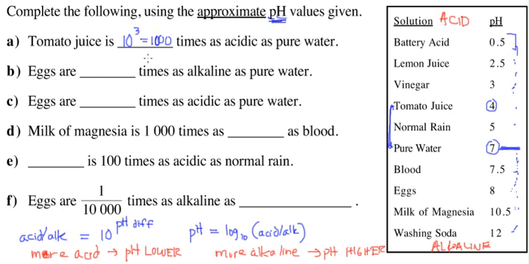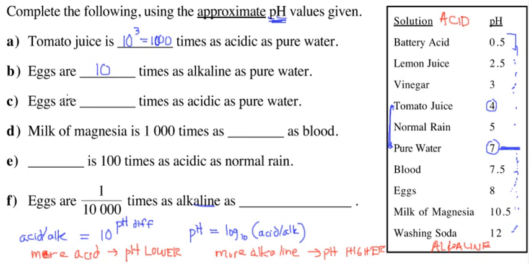Okay, eggs versus water. Eggs are an 8. Water is a 7, so our pH difference is 1. 10 to the 1 means 10. So eggs are 10 times more alkaline than water, or water is 10 times more acid than eggs are. Okay, here they're asking the same thing.